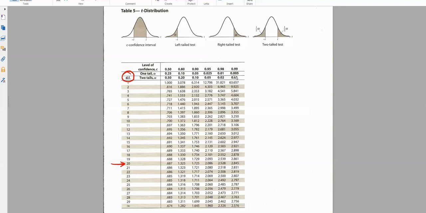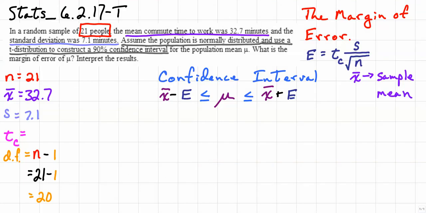And remember, we are looking for a level of confidence c of 90%. Where these two meet, our t sub c is 1.725. Let's write that right here, 1.725.